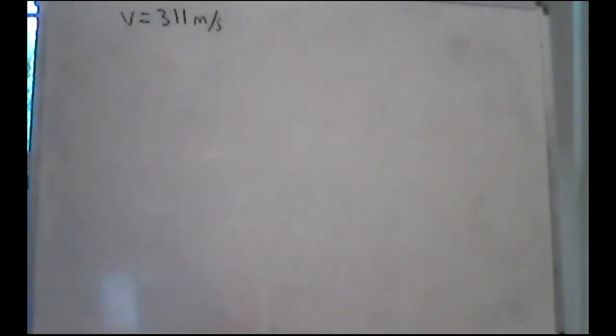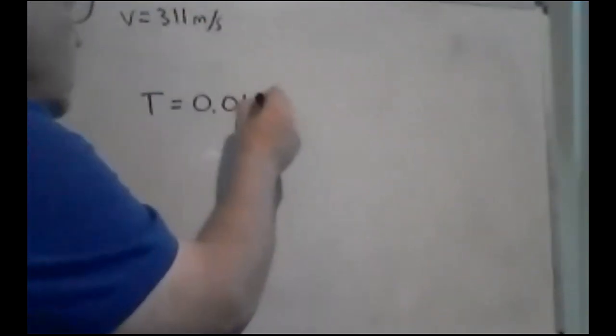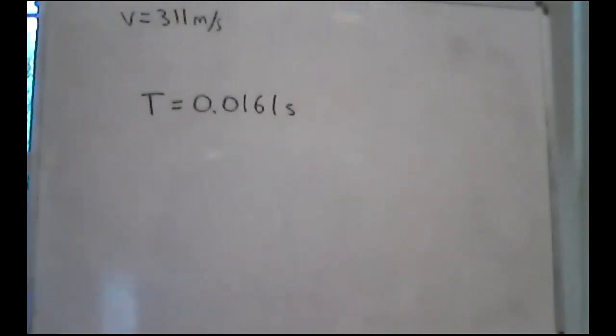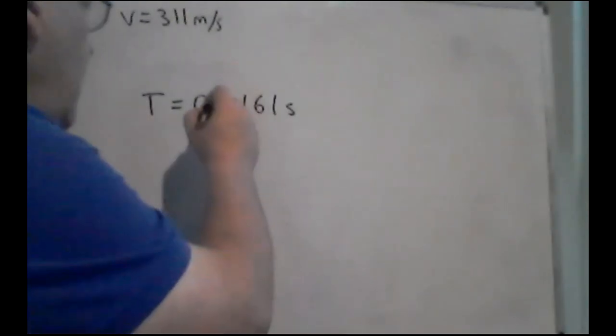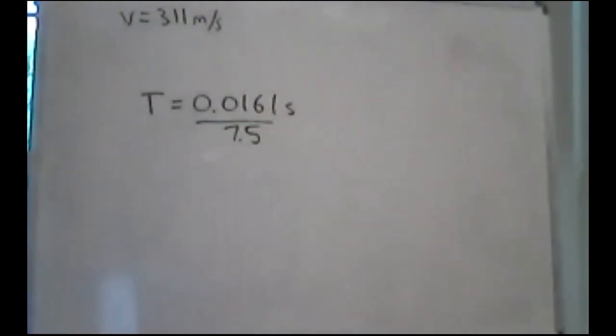So the total time was about 0.0161 seconds for this whole wavefront to actually pass by. But during that amount of time, I saw roughly 7.5 wavefronts, or 7.5 waves.